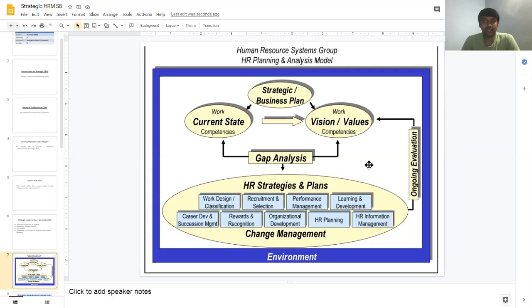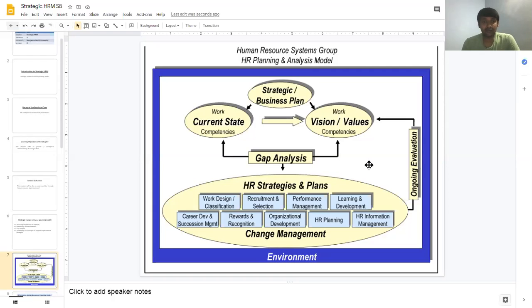Next comes rewards and recognition. No doubt, every employee will be given proper training, and his performance will be analyzed in a better manner. At each and every department level, the performance will be measured, and each performance will be compensated with rewards and recognitions. This will boost the morale of every employee to work better and better.